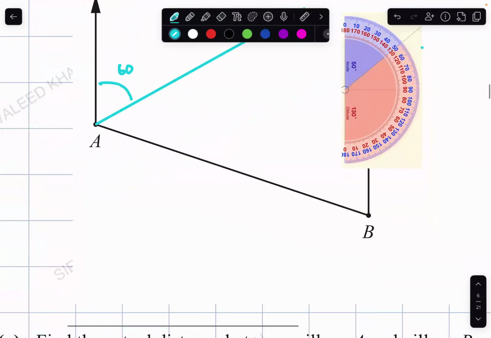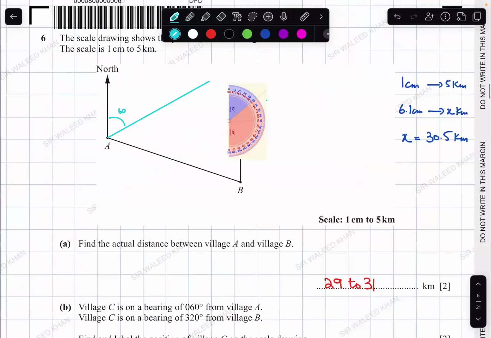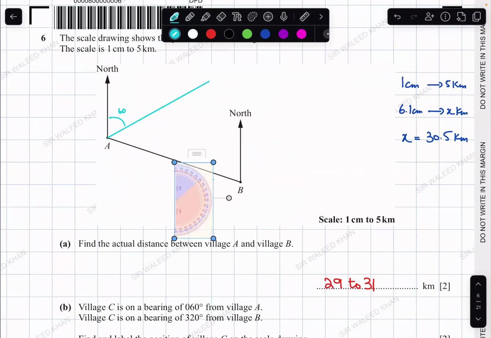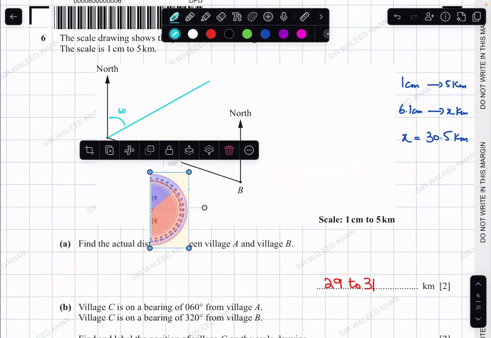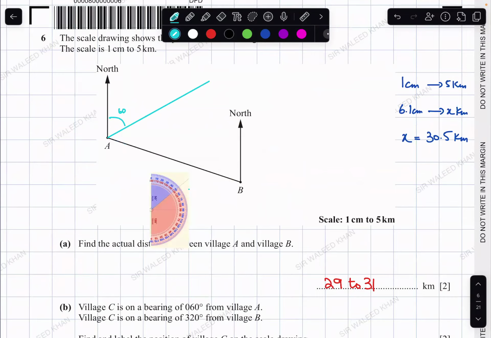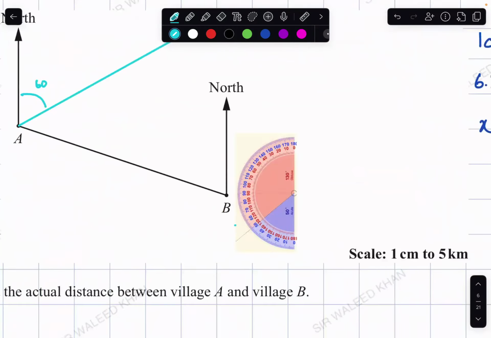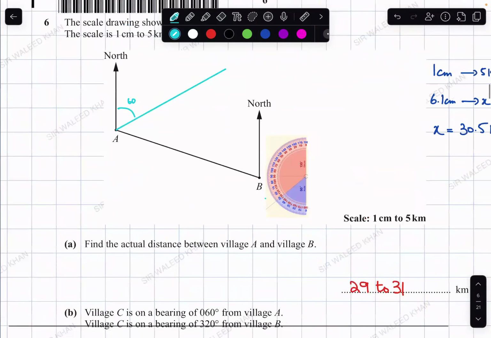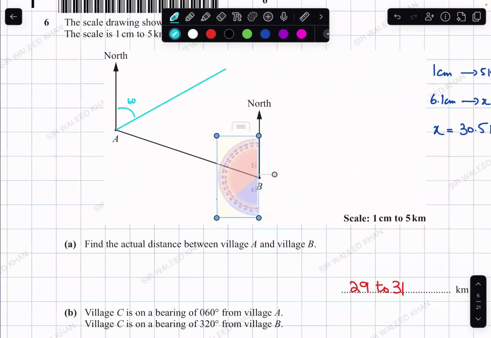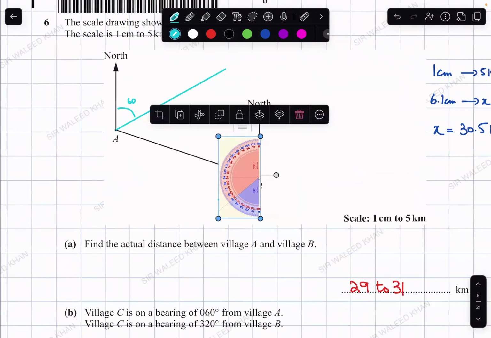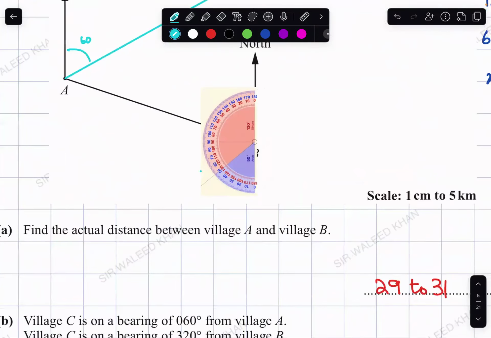Next, they're saying village C is on a bearing of 320. Okay. So that means if this is 60 over here, for 320, what we can do is you can always figure it out like this, how many degrees will be left after that.